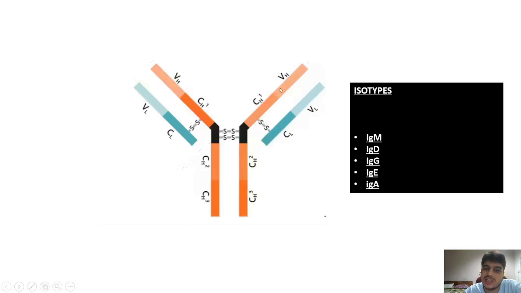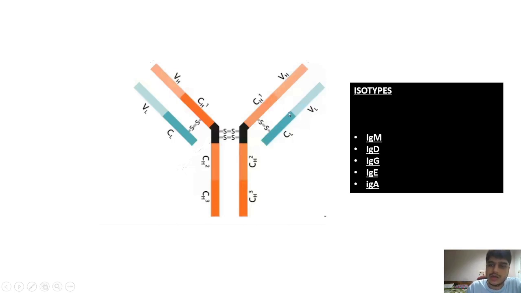Both the heavy chain as well as the light chain have a variable region, represented here as V, and a constant region, shown here as C. So CH is the constant region of the heavy chain and CL is the constant region of the light chain. Similarly, VH is the variable region of the heavy chain and VL is the variable region of the light chain.